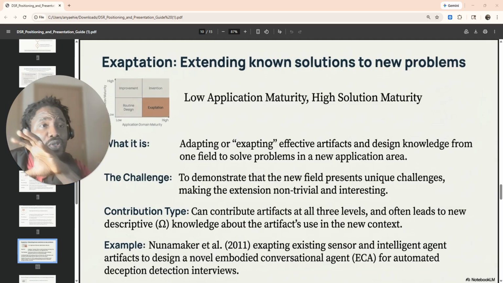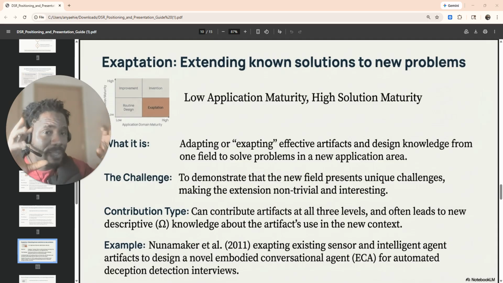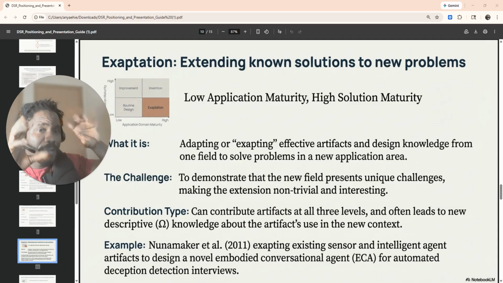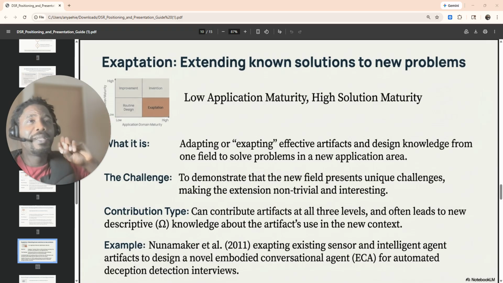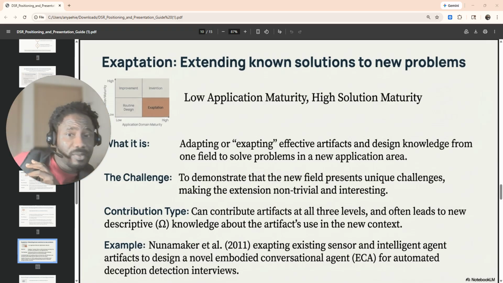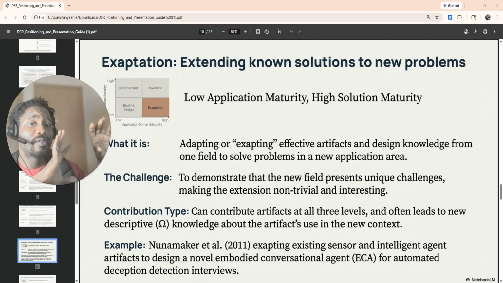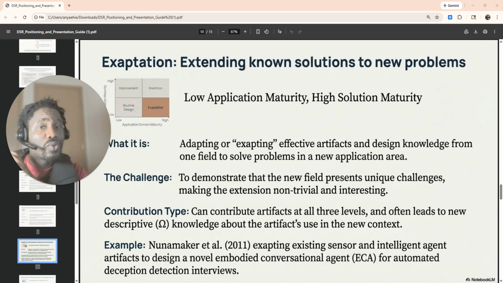So you are taking a known solution from one field and exapting, adapting it to solve a problem in a completely different field. For example, you can take a sensor in aviation and apply it to an interview system for deception detection. The contribution here is showing how an old tool can unlock new doors.